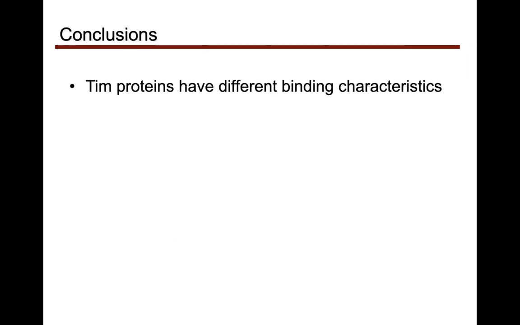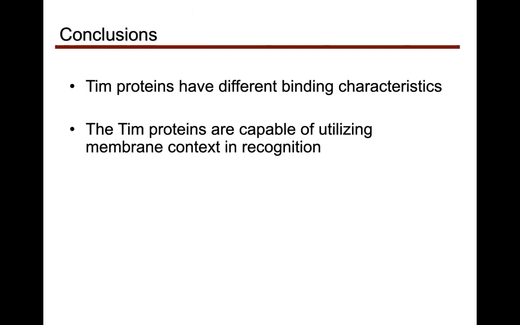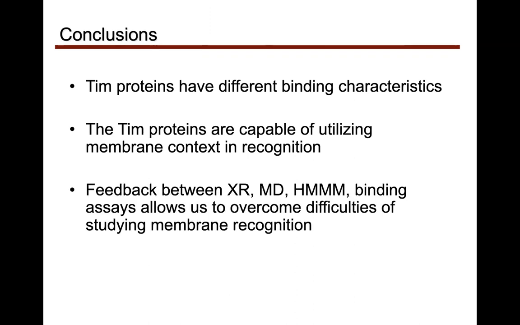To conclude, I hope I have introduced you to this family of proteins, all of which have very different binding characteristics. TIM proteins can use the lipid contents to differentiate which one should be binding for different recognition purposes.